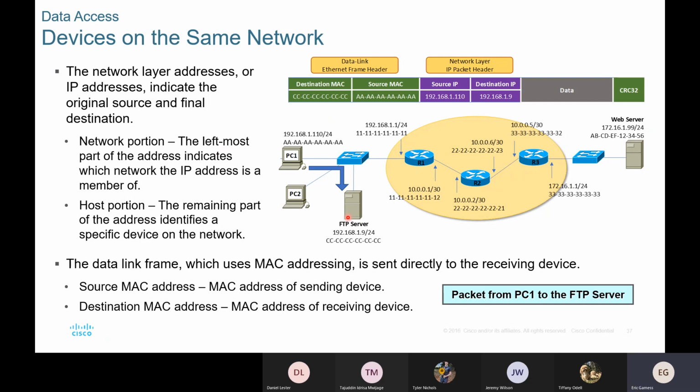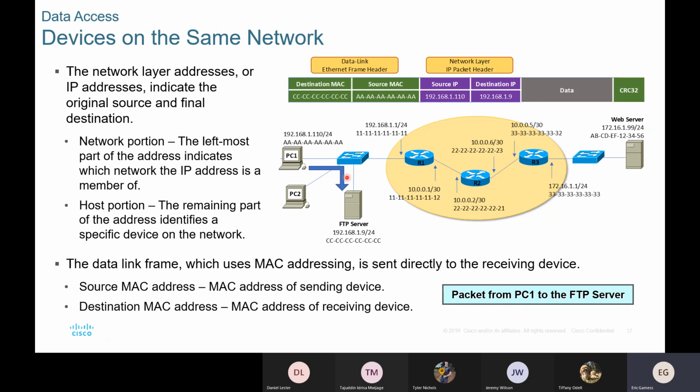So PC1 needs to send the packet directly to the FTP server. It doesn't need the help of router 1. So there is only one hop. Remember that the switch is a transparent bridge. It is there, but it is like it is not there.